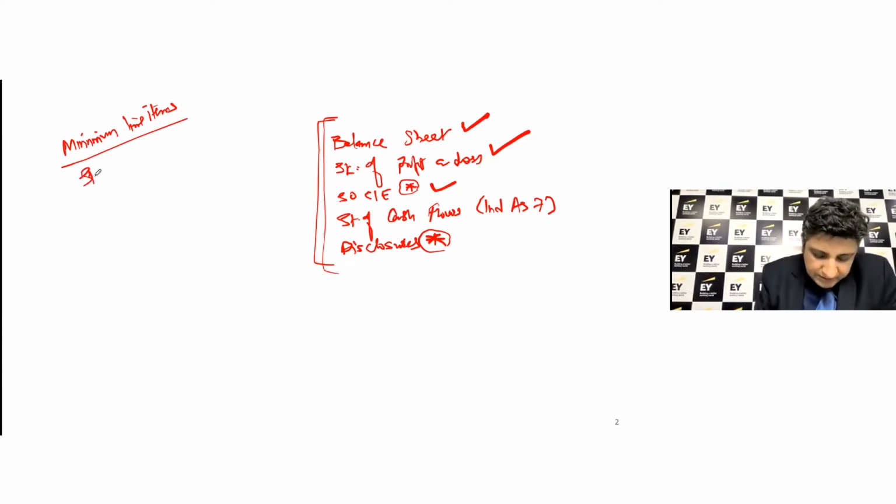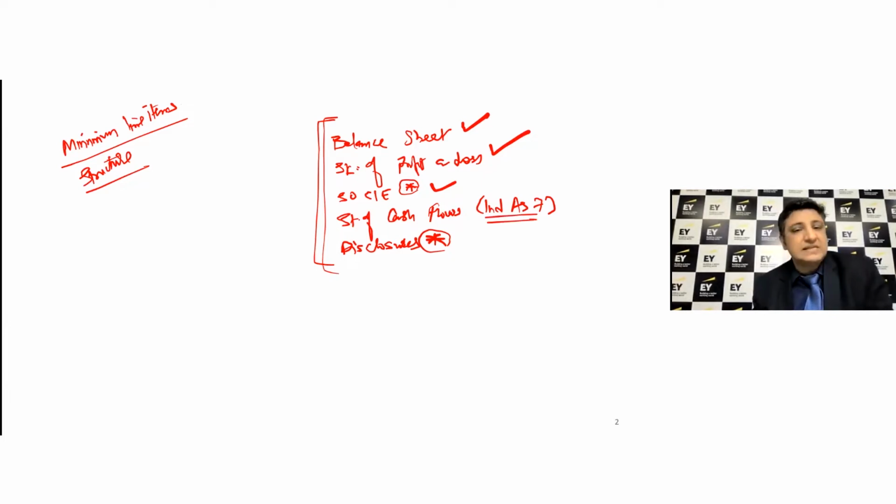It talks about the structure of these financial statements, including statement of changes in equity. As I would like to emphasize, the statement of cash flows is covered extensively through Ind AS 7. It's just a reference which is there within Ind AS 1. That's the reason we wanted to talk about it briefly.